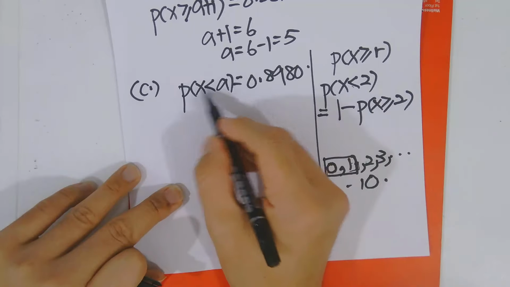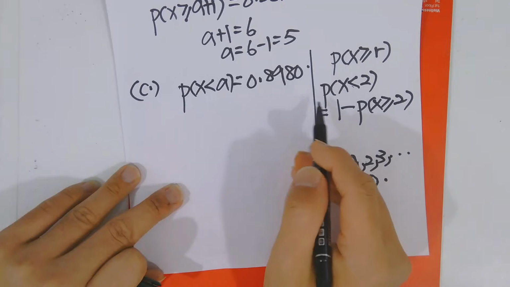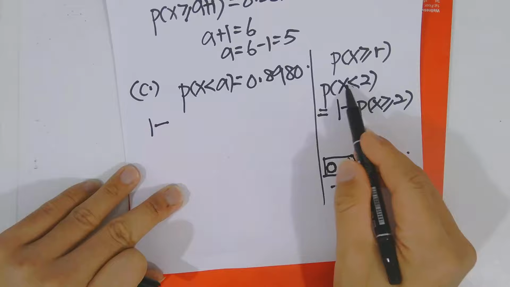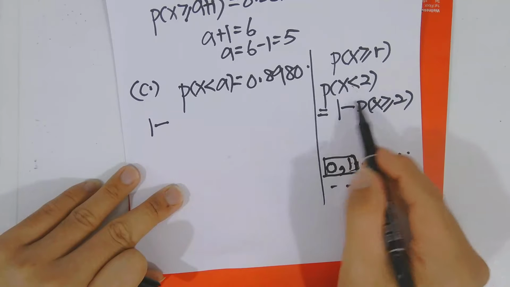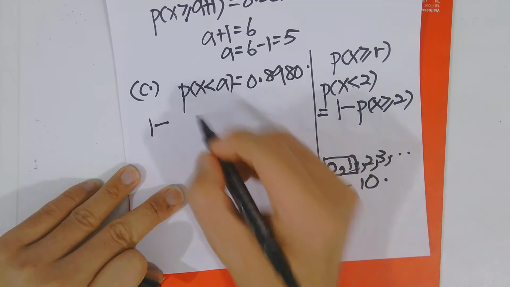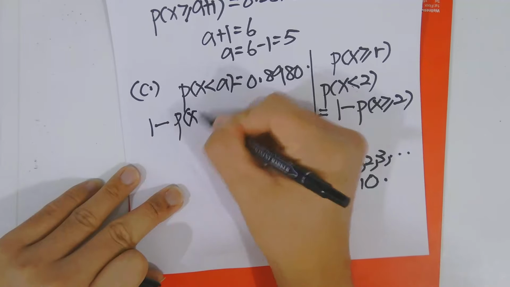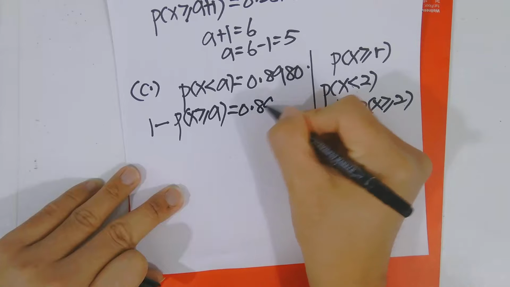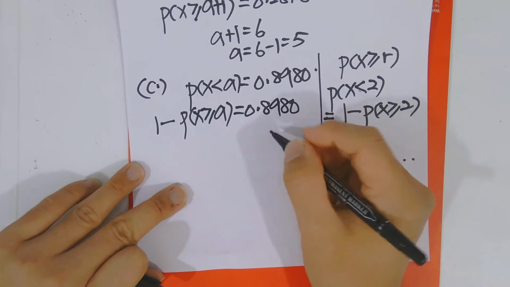So very simple. If this is Px less than A, I simulate this to the case here. You can rewrite Px less than 2 as 1 minus Px greater or equal to 2, that is Px greater or equal A. So we have to do some modification first.